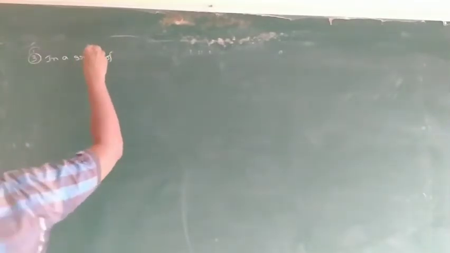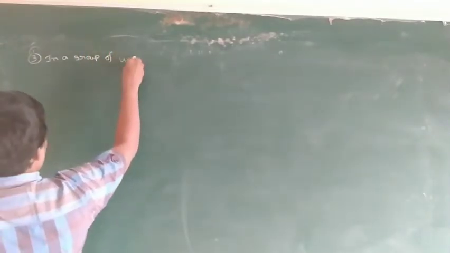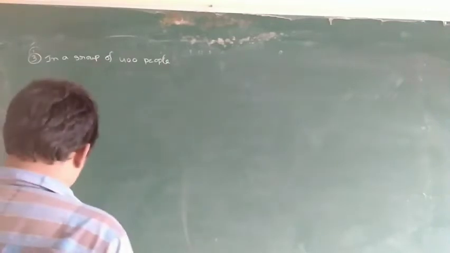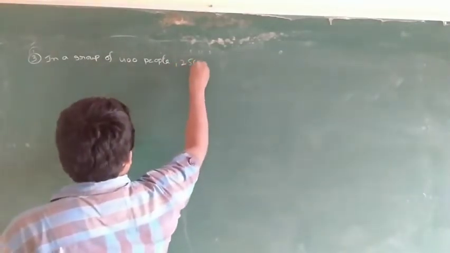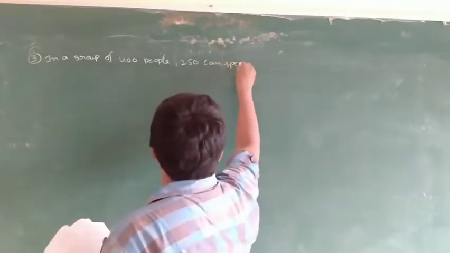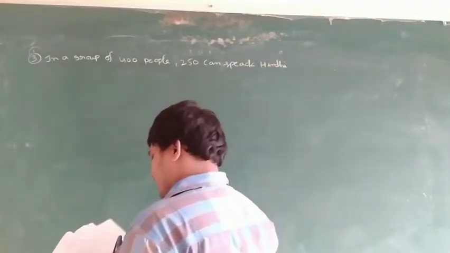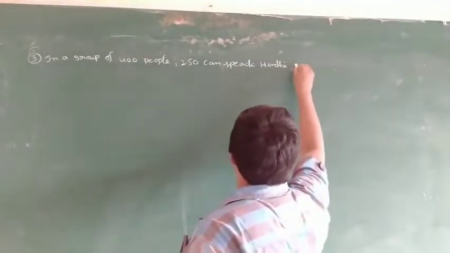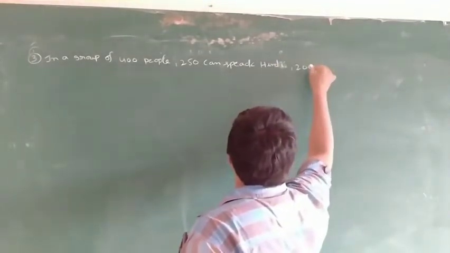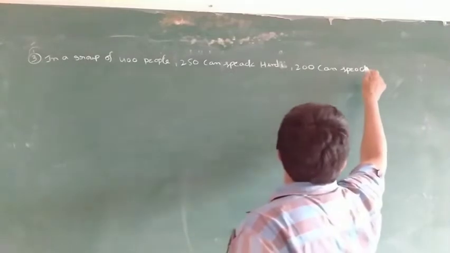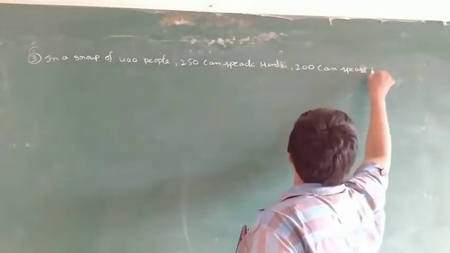In a group of 400 people, 250 can speak Hindi and 200 can speak English.